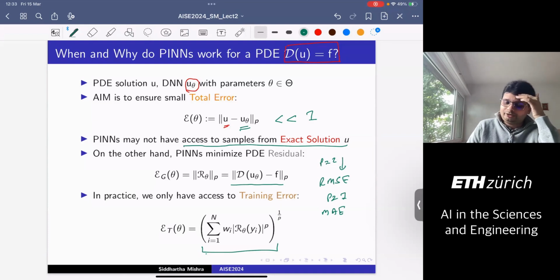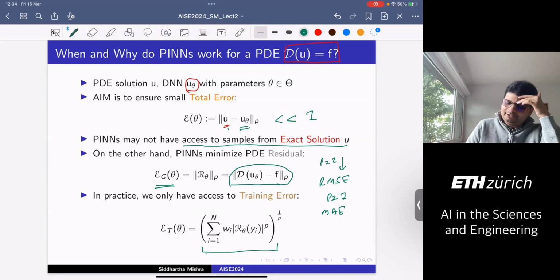Now, this is what we try to minimize. What we have some access to are these residuals, which I denote by E_G. Sometimes people call this the generalization error, but think of it as the PDE residual. You don't have access to this; it's not even your target. What you try to make small is the mismatch at the level of the PDE.